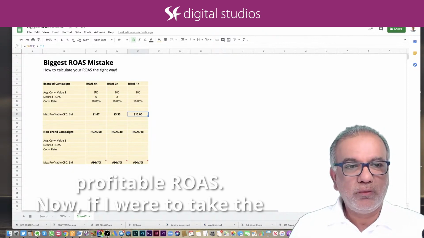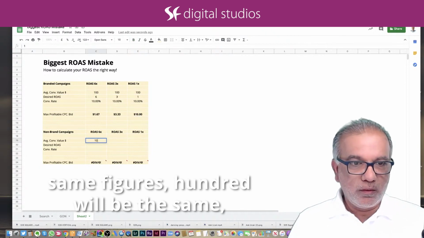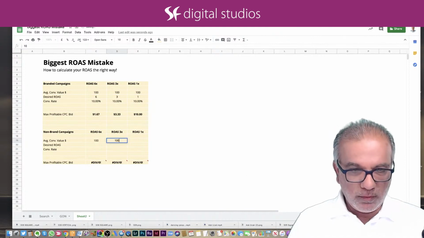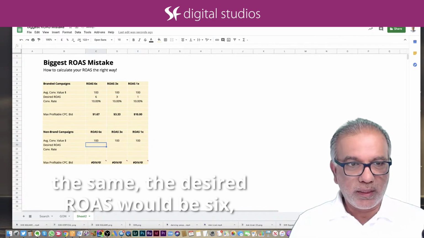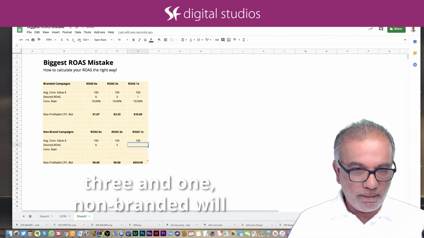Now if I were to take the same figures, 100 will be the same. Well, let's say keeping all the conversion value the same. Desired ROAS would be 6, 3, and 1.